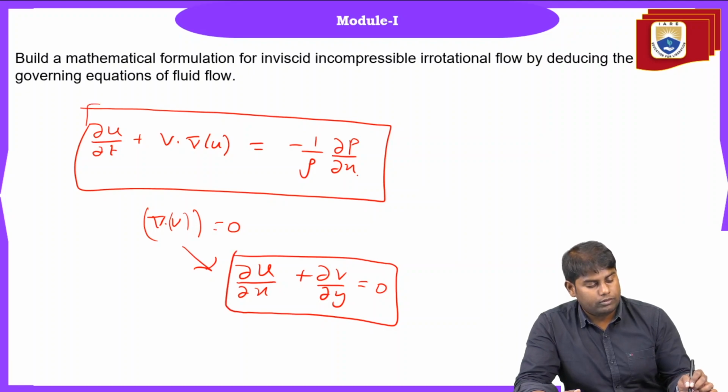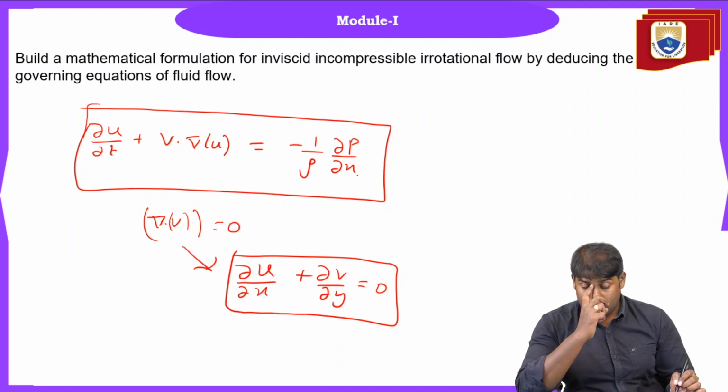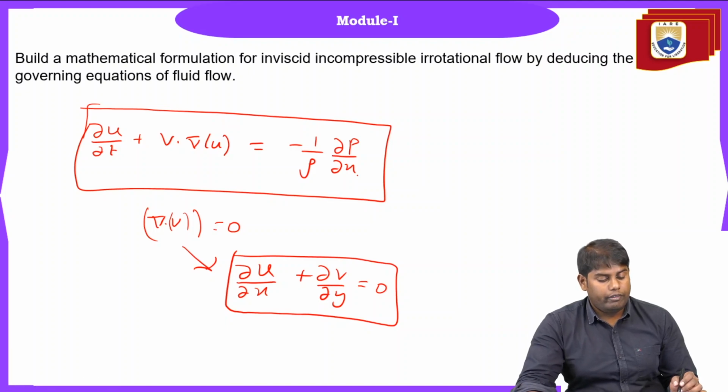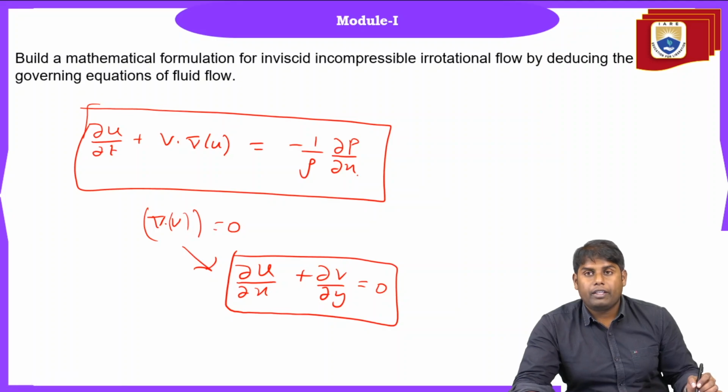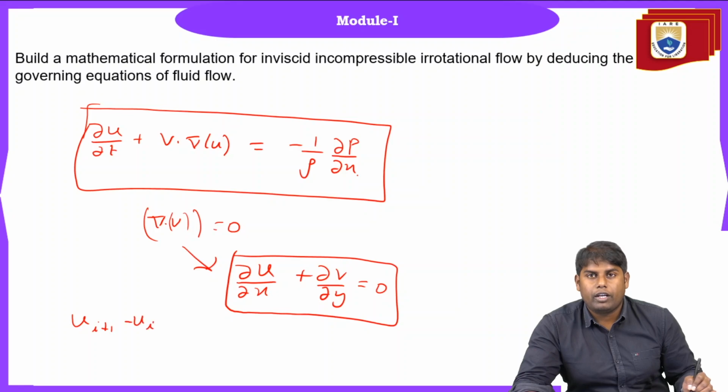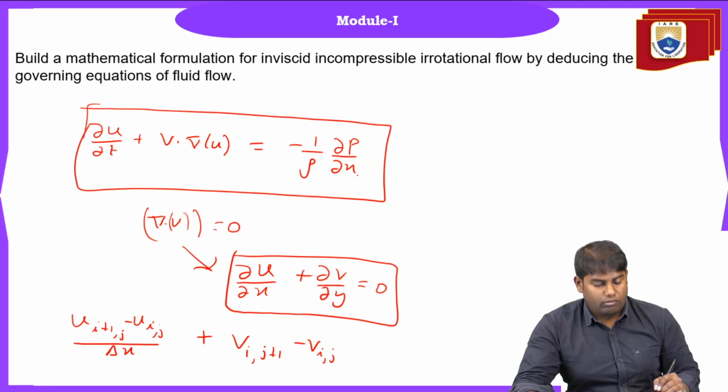This is what we have. So here, how do we solve it? Now we will have to discretize this equation. If we apply the forward difference, u of i plus 1 minus u of i divided by delta x, plus, in the case of 2D, you have to write j, so next v of i comma j plus 1 minus v of i comma j divided by delta y equal to 0.